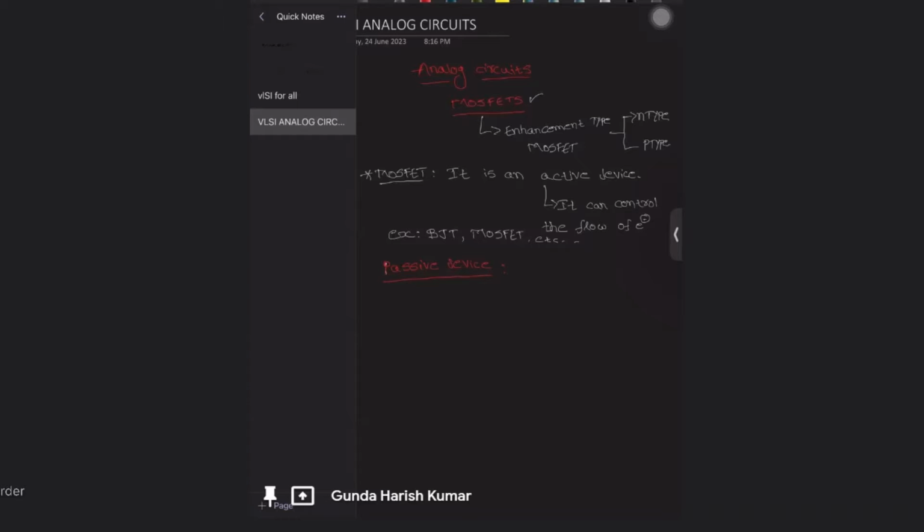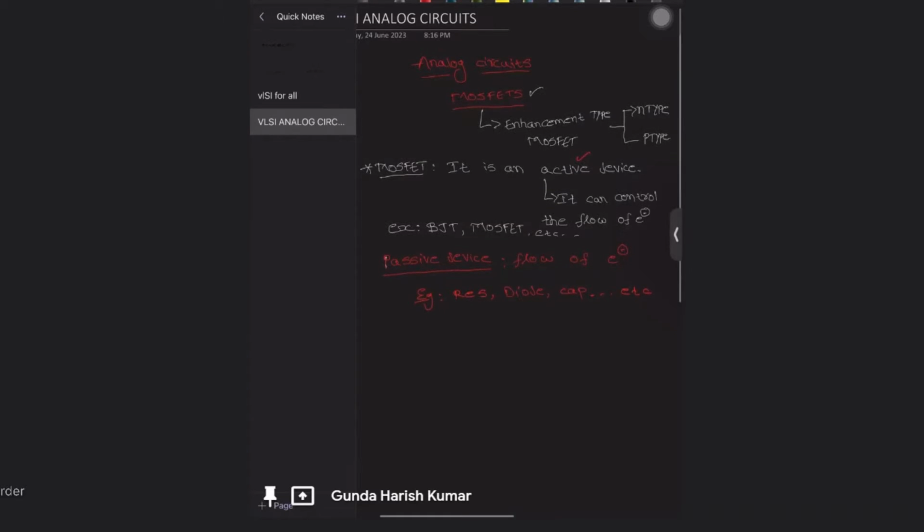In a passive device, there is no control on the flow of electrons; the device can't control the flow of electrons. Examples are resistor, diode, capacitor, etc. I'll explain in our coming section how MOSFET acts as an active device.